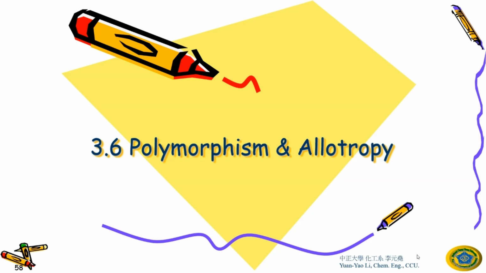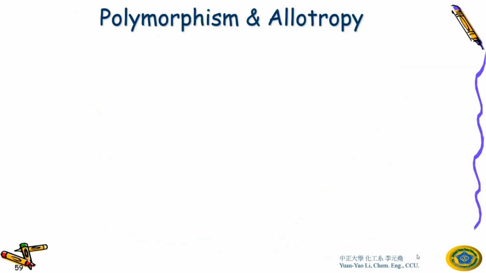Or can we have two different structures of this material at the same temperature, for example? This is what we call polymorphism, or we call allotropy. Okay, allotropy, polymorphism. So what is polymorphism?